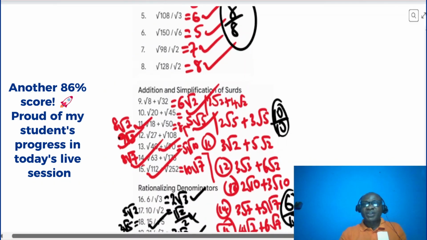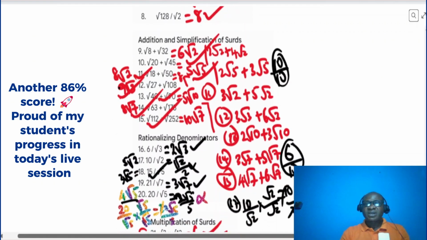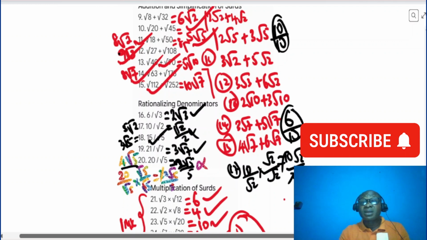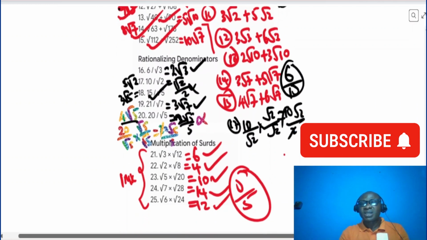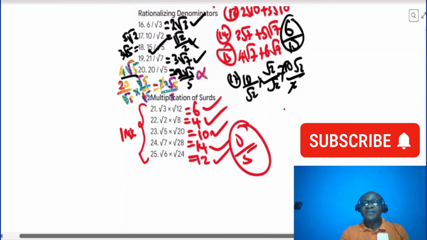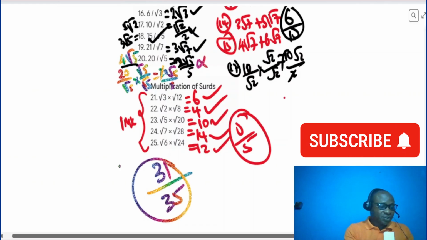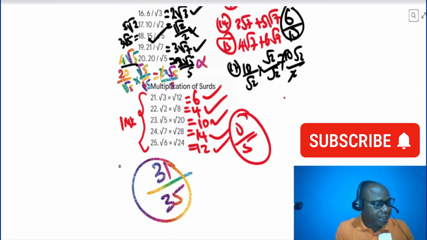So your total score is going to be 8 plus 10, 18, plus 6 is 24, then plus 5 gives us a total of 31 over 35, making your total percentage score 86%.